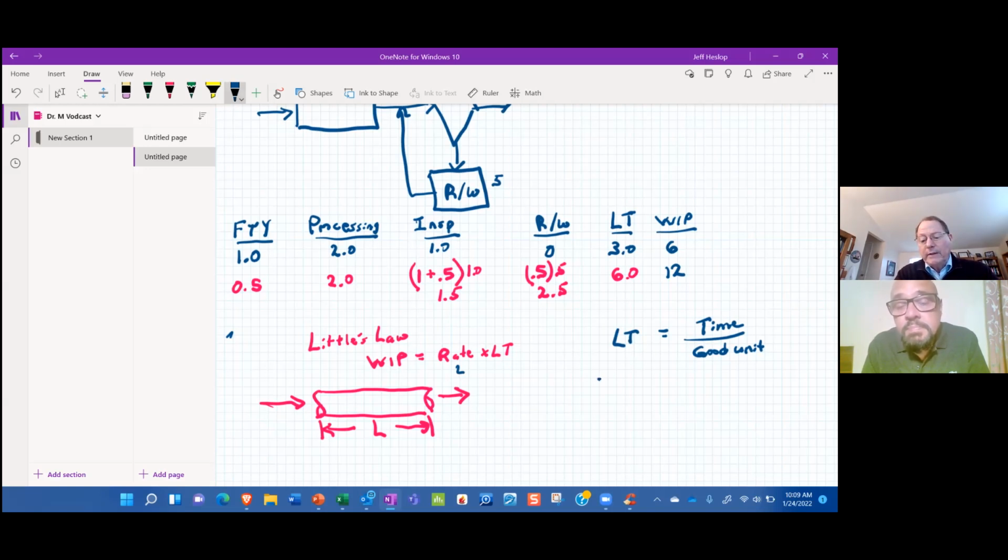Now, if you look at capacity, it's the reciprocal of that. So in other words, it's the number of good units per some time. So that is capacity. I'm just showing you in a simple model where it's flowing. Lead time and capacity are related.